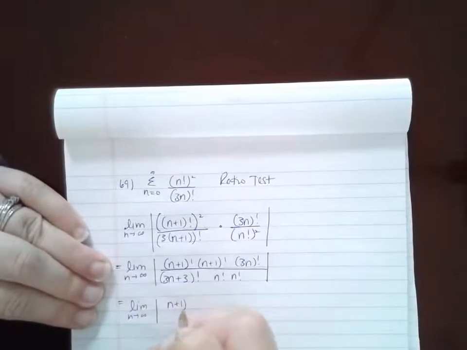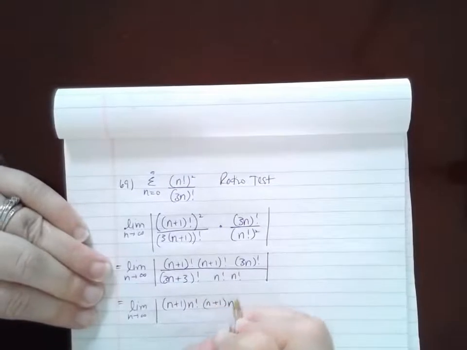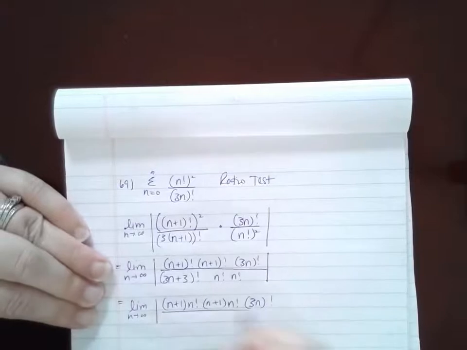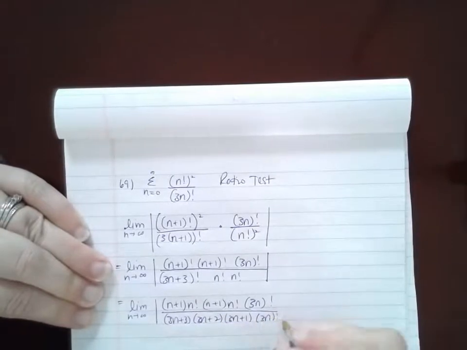This is n plus 1 times n factorial, n plus 1 times n factorial, 3n factorial, over 3n plus 3, 3n plus 2, 3n plus 1, 3n factorial, n factorial, n factorial.